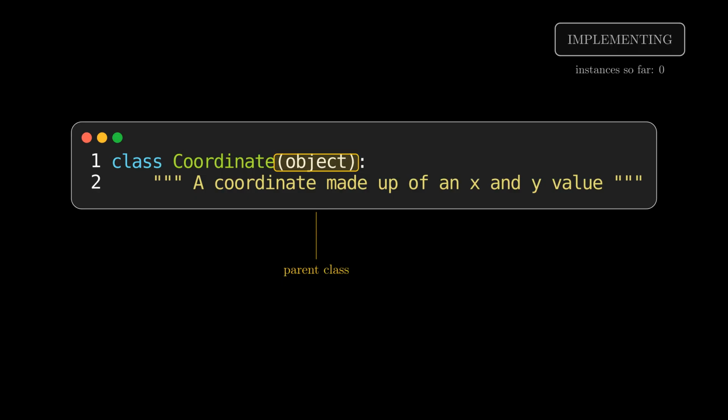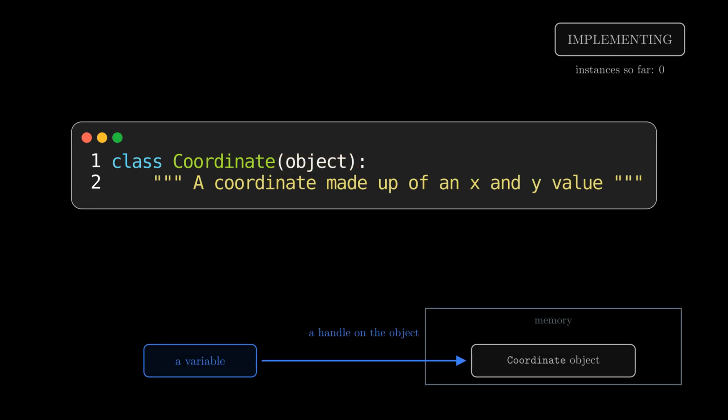Then, in parentheses, we name the parent of this class. For now, that parent is the word object. And two lectures from now, we will see what happens when we put something else there. Writing object here tells Python that anything a generic Python object can do, our object can do too.